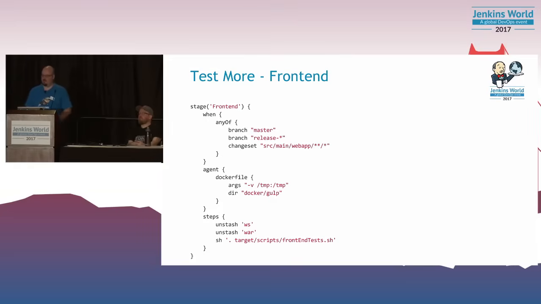There wasn't any available in the registry, so I can build my own Dockerfile and run that here. And the steps are pretty simple. Unstash the workspace, unstash the build results from previously, and then run the front-end steps. Since I'm running this on a brand new agent, if you're wondering what the dot there in the first is, that's the sh equivalent of source.